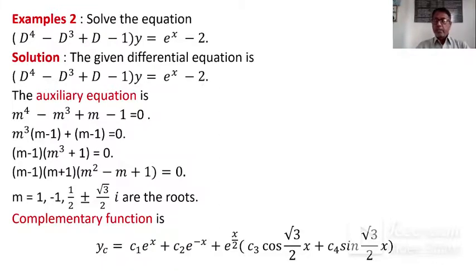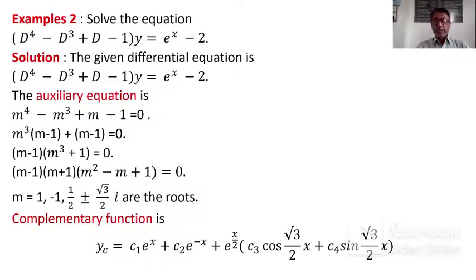In the bracket, (m minus 1 half) square means we obtain the first two terms, m square minus m. The additional term is 1 upon 4 plus 1 upon 4. If we subtract it from the second one, minus 1 upon 4, this is 3 upon 4. Means the first bracket is (m minus 1 half) square plus 3 upon 4.